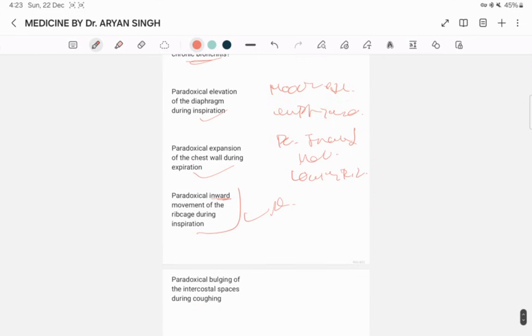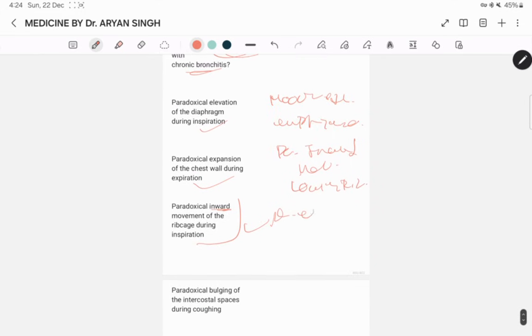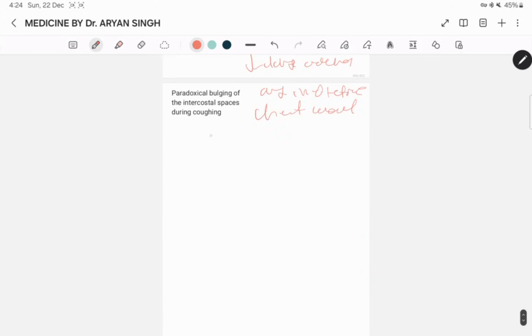This phenomenon occurs due to the loss of elastic recoil in emphysematous lungs, leading to decreased lung volume and ineffective chest wall expansion during inspiration.